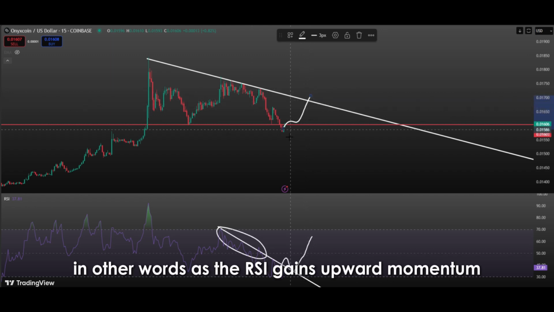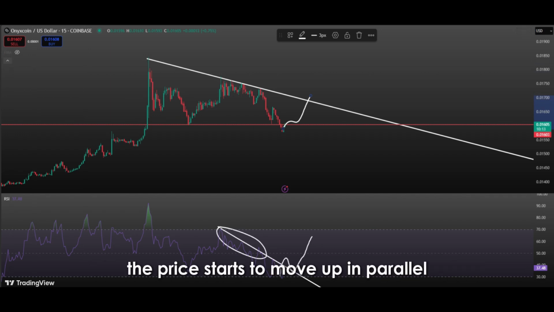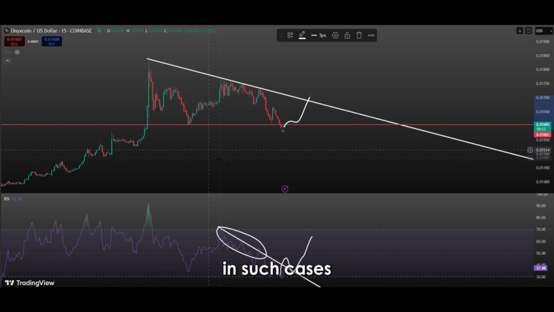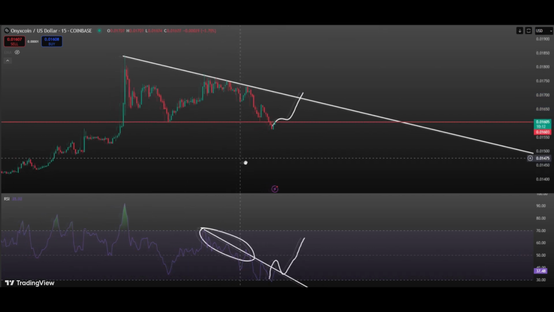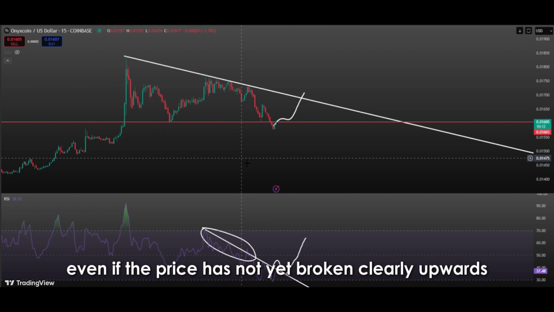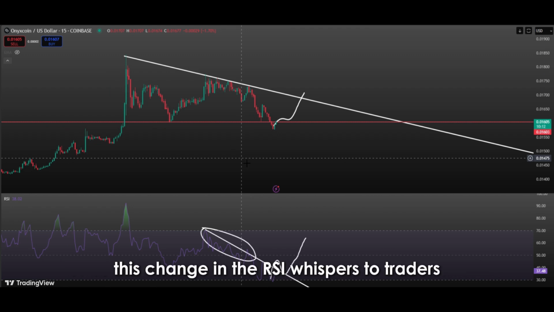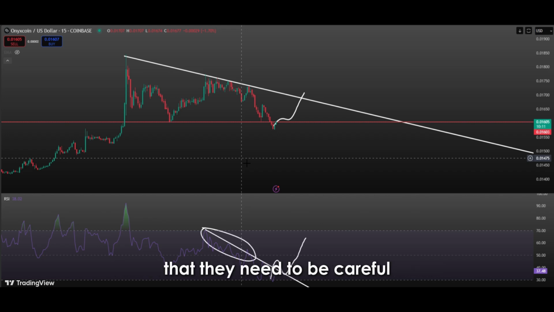In other words, as the RSI gains upward momentum, the price starts to move up in parallel. In such cases, the trend break of the RSI acts like a leading signal. Even if the price has not yet broken clearly upwards, this change in the RSI whispers to traders that they need to be careful, that there could be a market reversal.